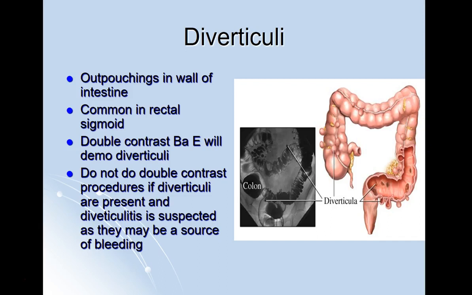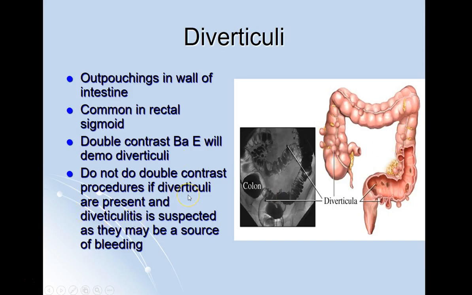What happens is fecal matter can get stuck in them. And if you remember back to the Zenker's diverticulum, when you learned the upper GI pathology, things can get trapped in these pouches. And that can cause inflammation, which leads to diverticulitis.